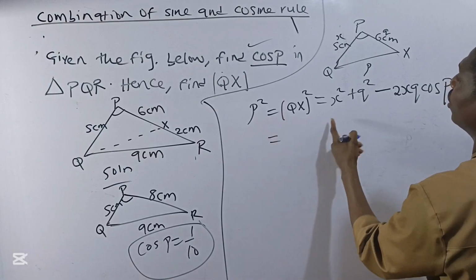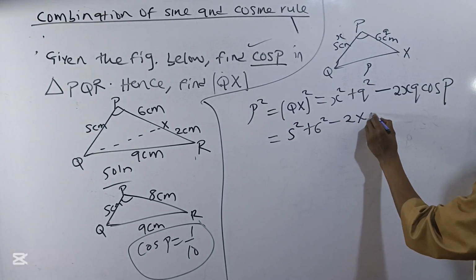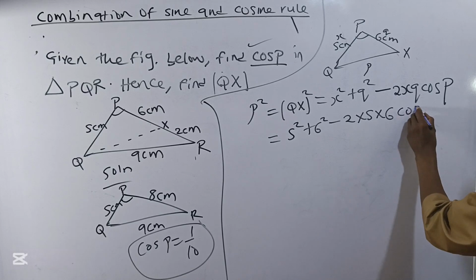X is 5, so I have 5 square plus 6 square minus 2 times 5 times 6 cos.